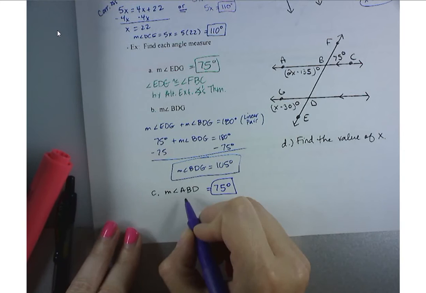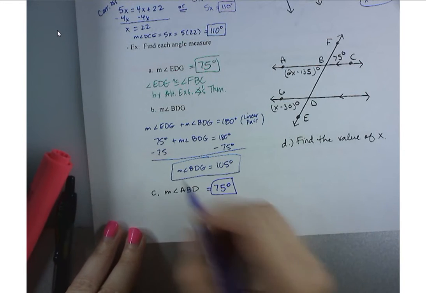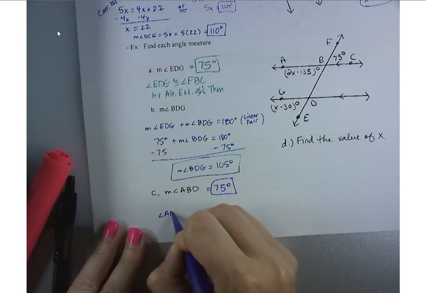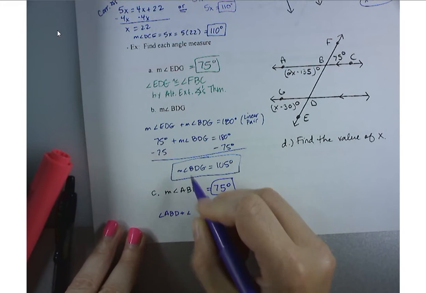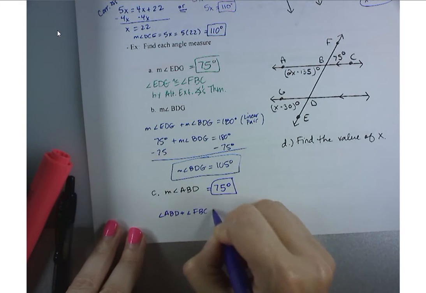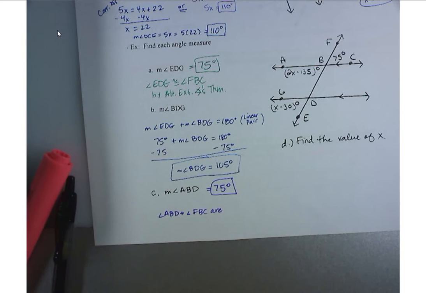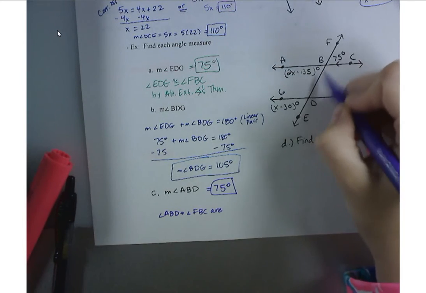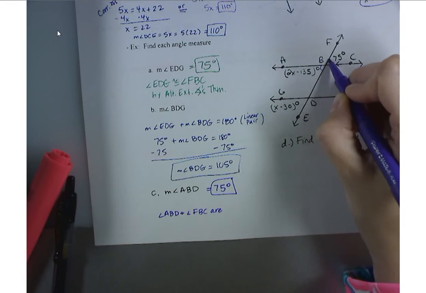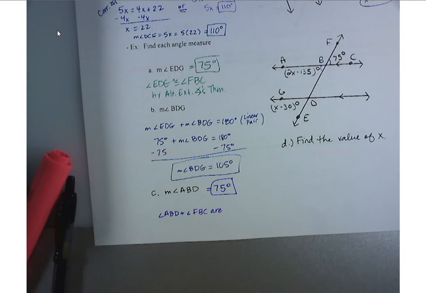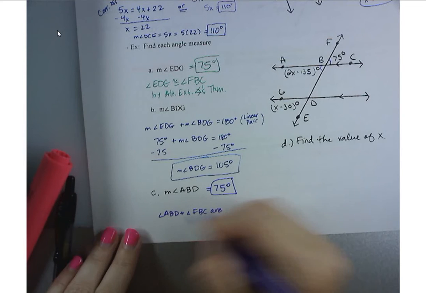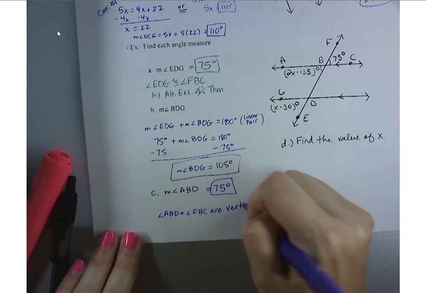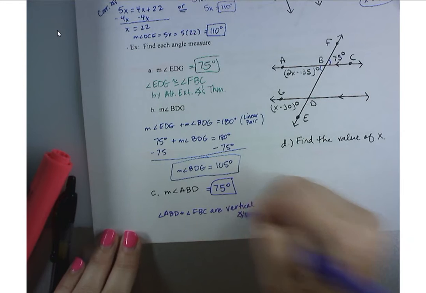Angle ABD and FBC are what? What's the relationship? No, they're not. Because ABD is right here, right? What are these angles called? Vertical angles. So ABD and FBC are vertical angles. How else could you think of it?